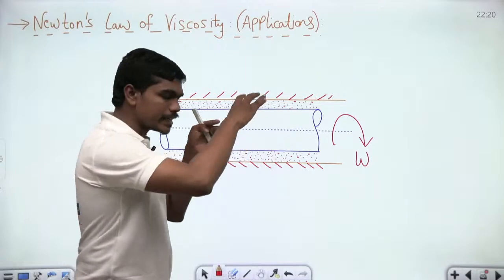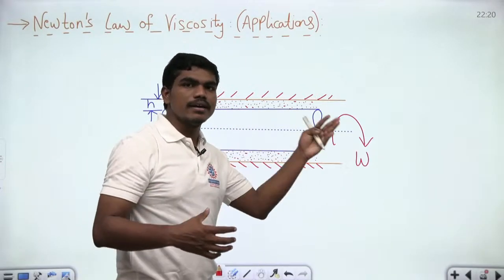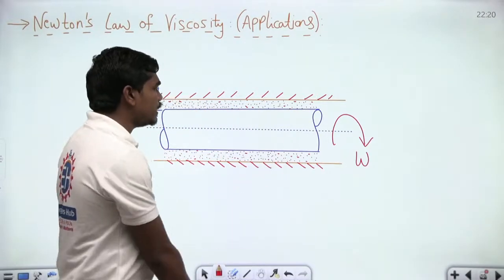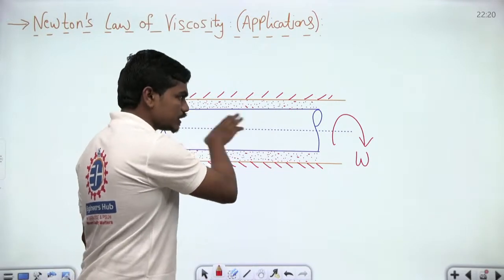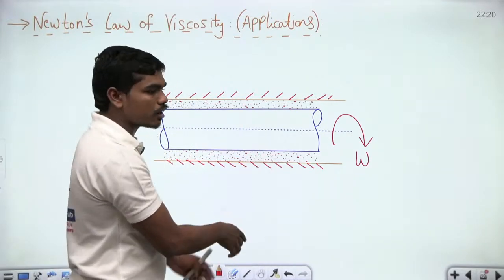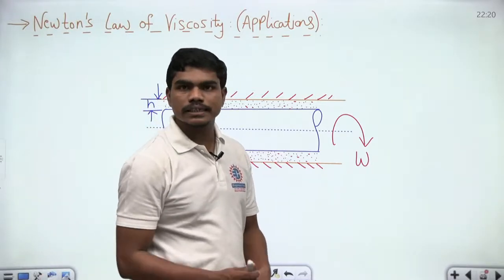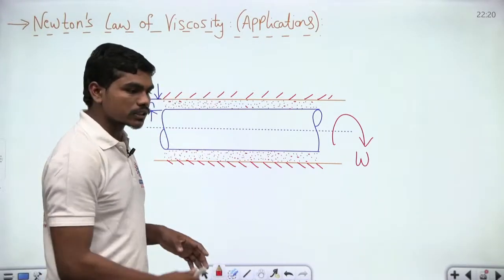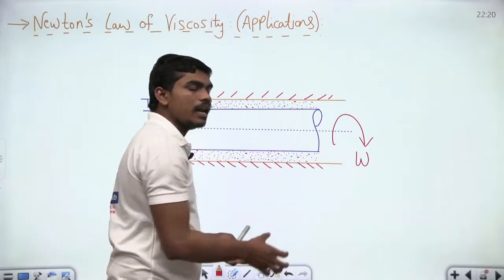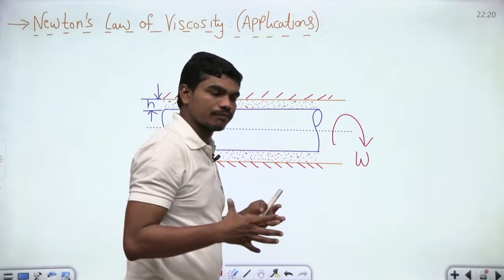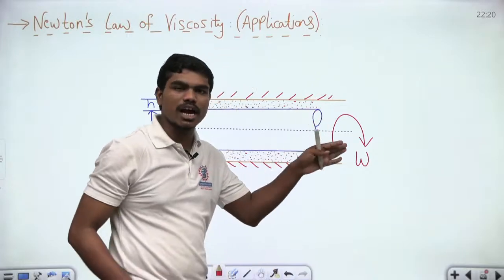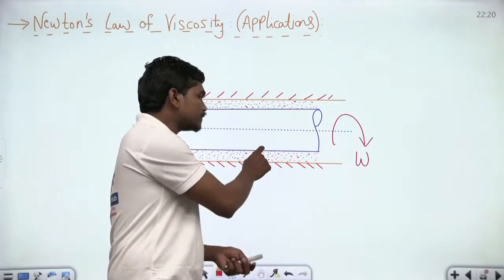If some power is supplied for the transmission, will some power transmitted by the shaft get consumed to overcome these viscous effects of the oil? Yes or no? Correct? You know this? Because if you are rotating the shaft inside a viscous oil, then definitely some of the power being transmitted by the shaft will get dissipated because of these viscous effects.